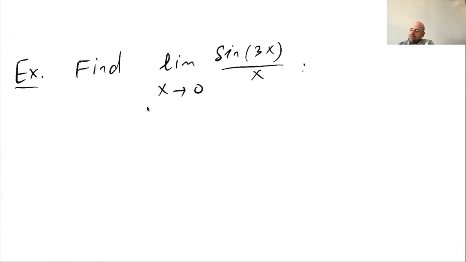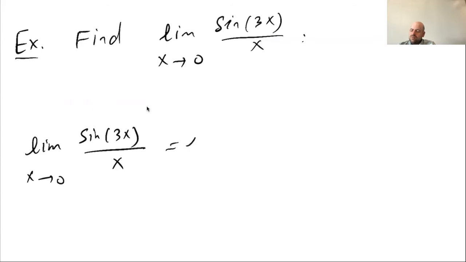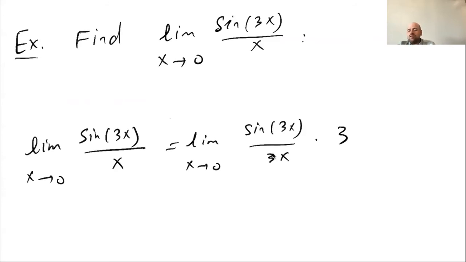So I can write this as the limit of sine 3x over 3x as x approaches 0, and then times 3, right? Basically, I've just divided and multiplied by 3. Of course, I'm allowed to do that, right? When you divide and multiply by 3, you're basically multiplying by 1, and multiplying by 1 is allowed.